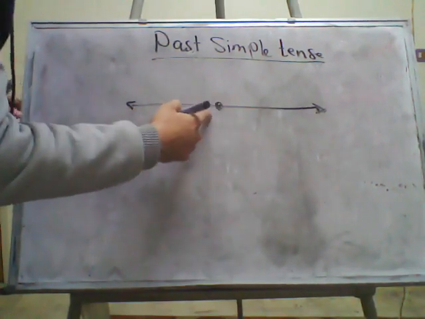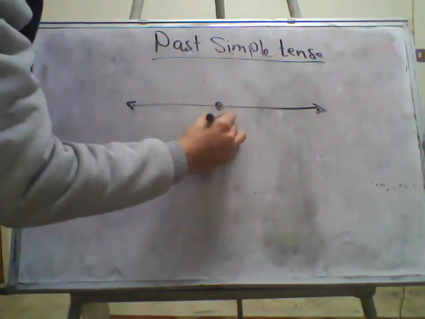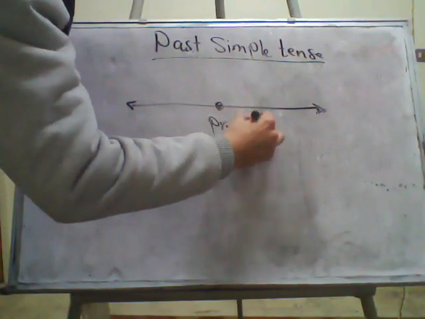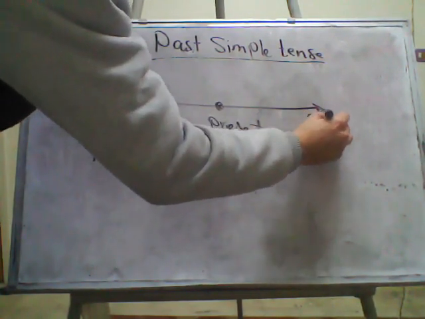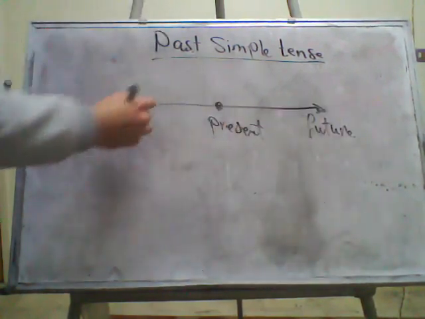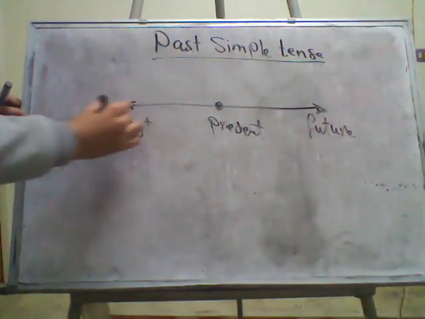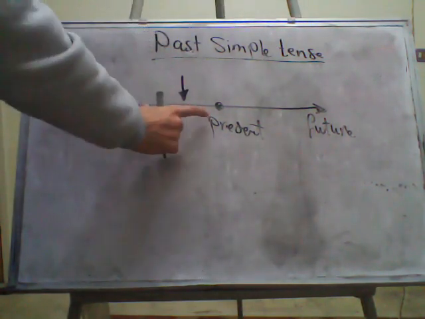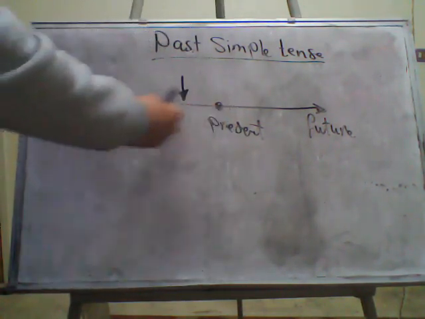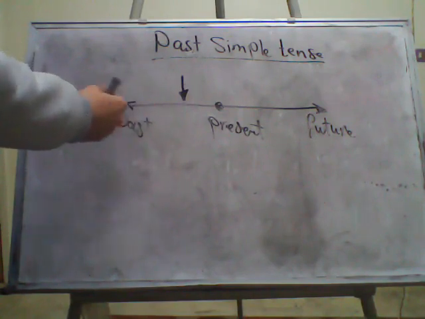This point refers to the present. Of course, what happens next is for the future, and before it is the past. If we are talking about past simple, it happens here in this part, in the past part.